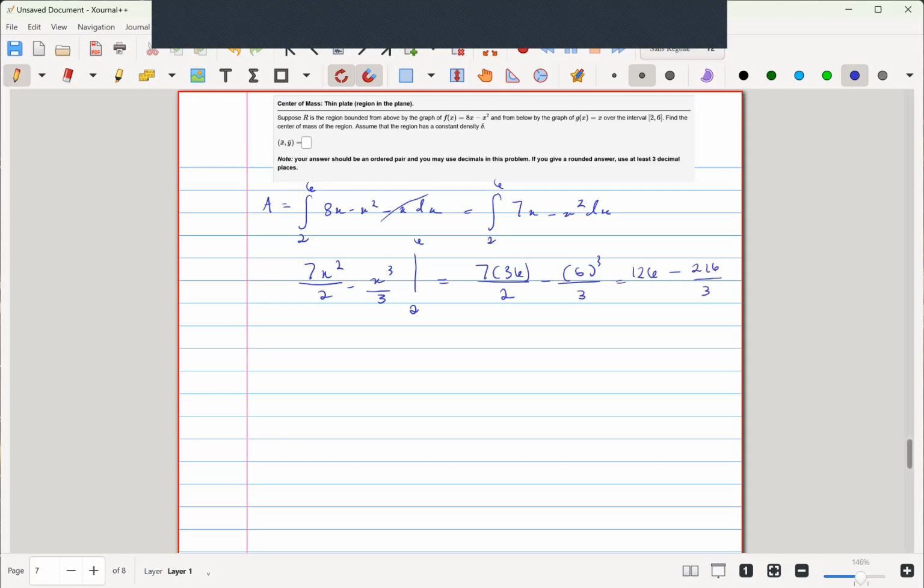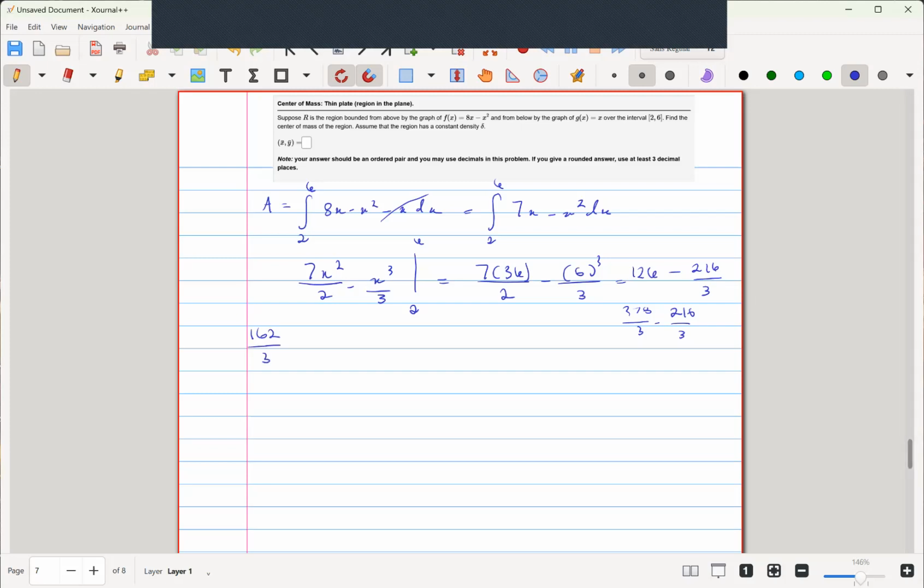So 126 times 3 is 378 over 3 minus 216 over 3. I believe I made a mistake somewhere. No, that's fine. So that's the 6's. That's 162 over 3.